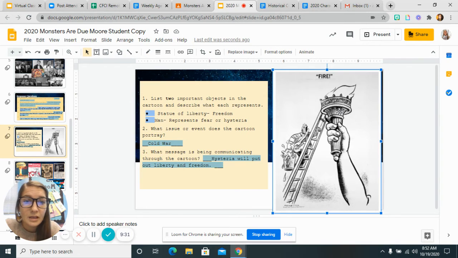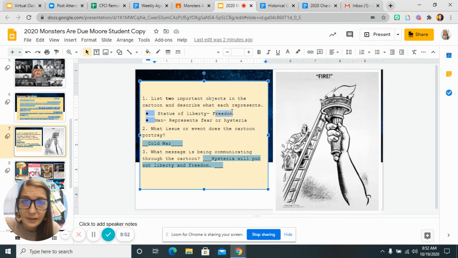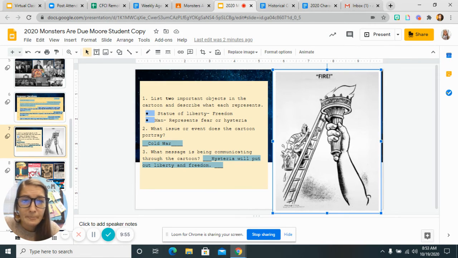Anytime you're looking at political cartoons, you have to think about the message objectively. So you have to think about what the author is trying to get across. Because he has a man who is in mass panic or fear, carrying water, he's trying to put out the fire, which represents liberty, of the Statue of Liberty.